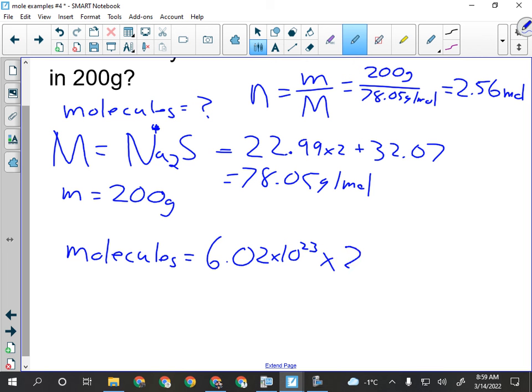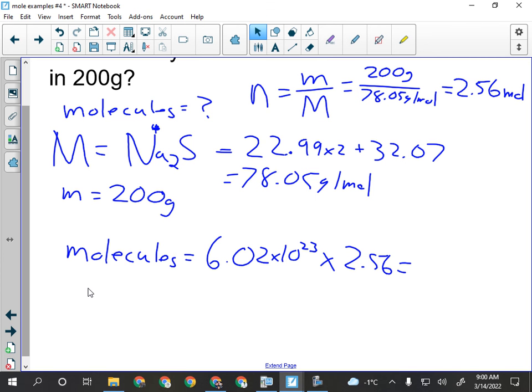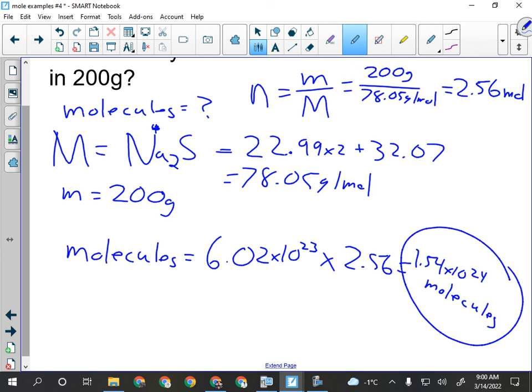If I multiply that by the number of moles, it will give me the number of molecules. All right, so we're looking at 1.54 times 10 to the 24 molecules. Questions on number 3?